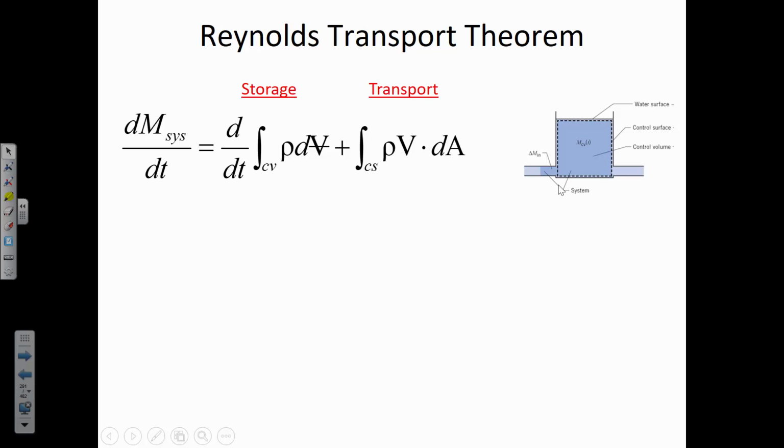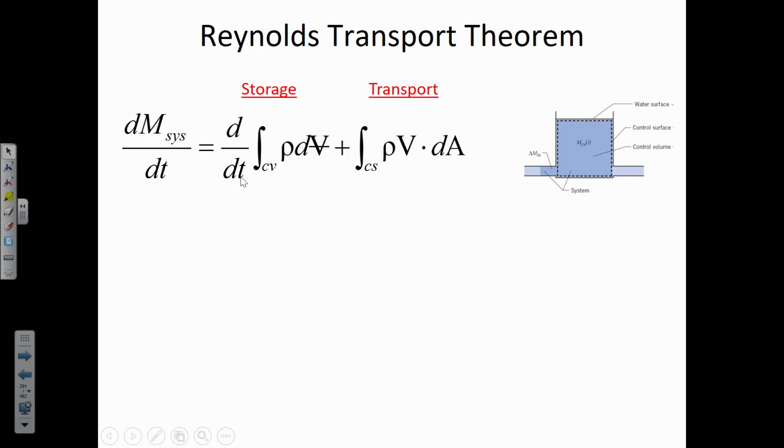So storage is the area inside of the control volume, and here what we're saying in this first expression is that we're going to find out the change over time of the mass inside of that storage area. And so here we have the density multiplied by some changing volume over time.